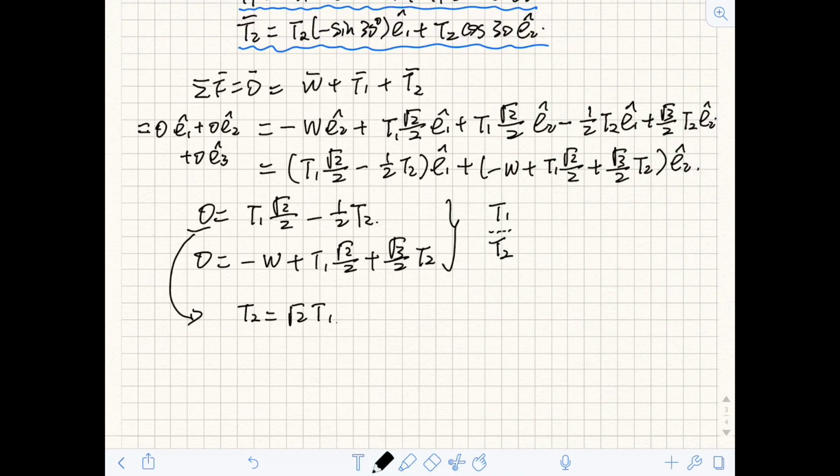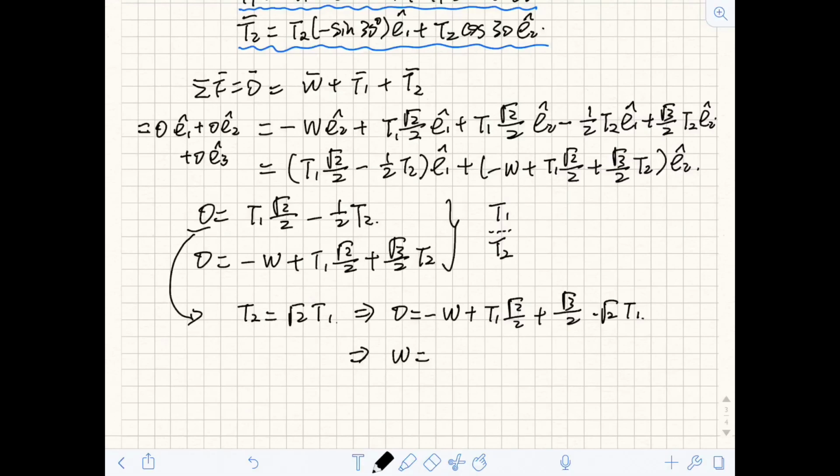And we can substitute T2 equal to square root of 2 times T1 into the second equation. Now we have 0 equal to negative W plus T1 square root of 2 over 2 plus square root of 3 over 2 times square root of 2 T1.